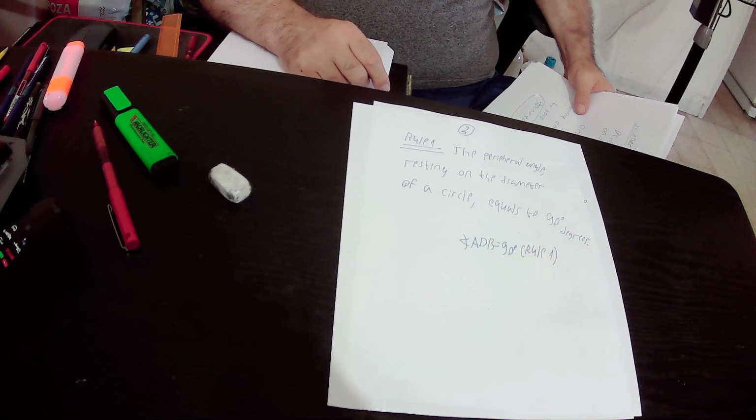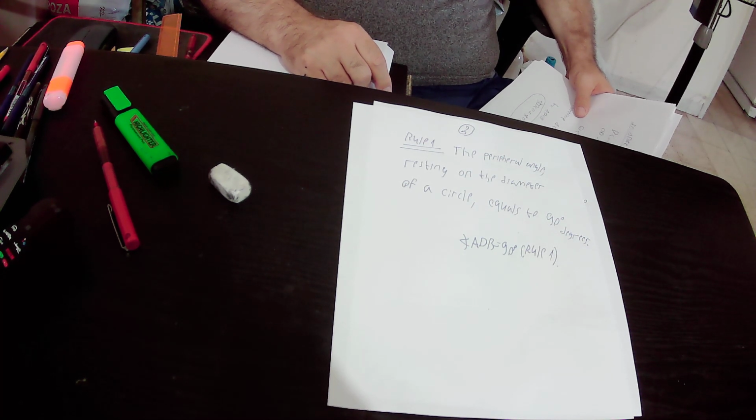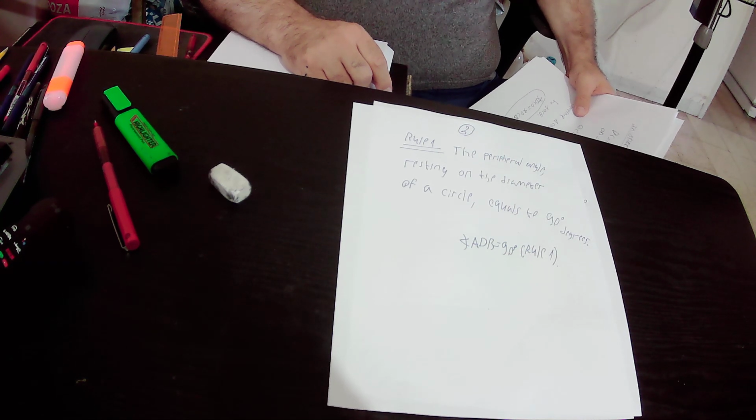Okay, again, the peripheral angle resting on the diameter of a circle equals 90 degrees.